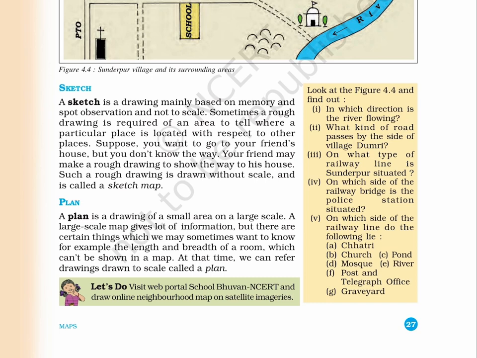On which side of the railway line do the following lie? A. Chhatri, B. Church, C. Pond, D. Mosque, E. River, F. Post and Telegraph Office, G. Graveyard.